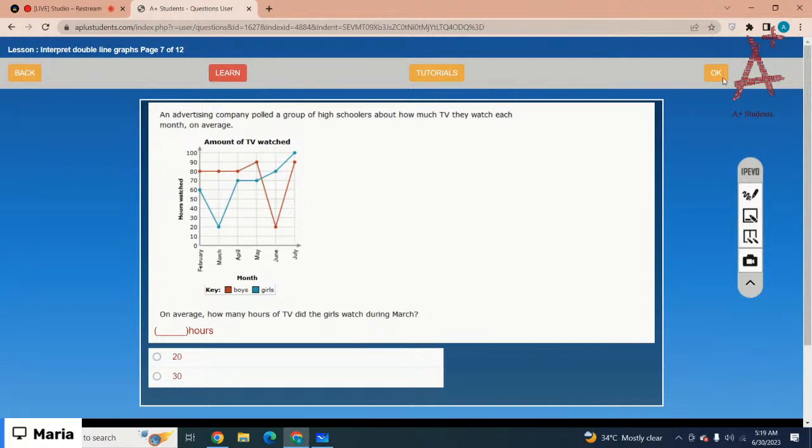So you have to look for how much the girls watched during March. Here is March. You have to look for the girls, the blue one, and just match it to the y-axis. Here is the girls, and just match it to the y-axis. So it would be 20. That means the girls watched 20 hours of TV during March.